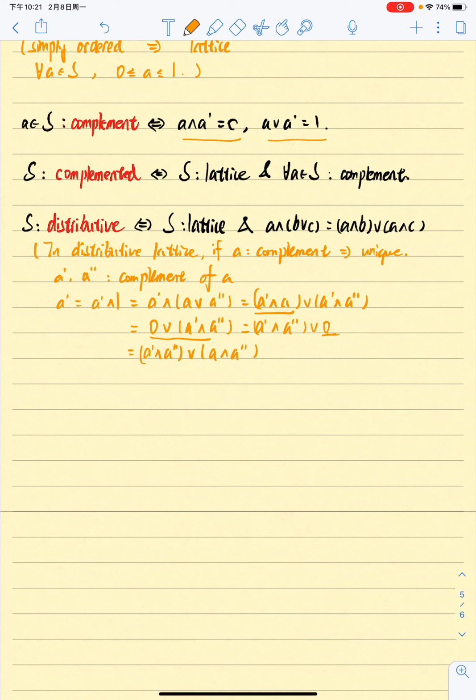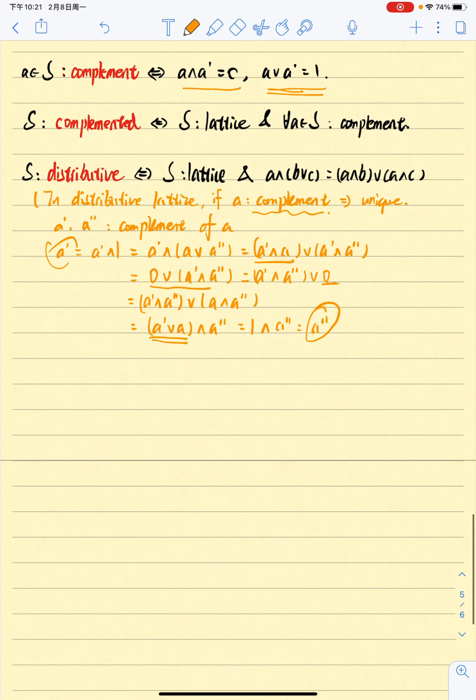And by the distributive law, (A prime or A) and A2 prime. Okay, here is 1 and A2 prime, so this is A2 prime, so A2 prime is A prime. Then this is the complement. If it exists, then the complement is unique.